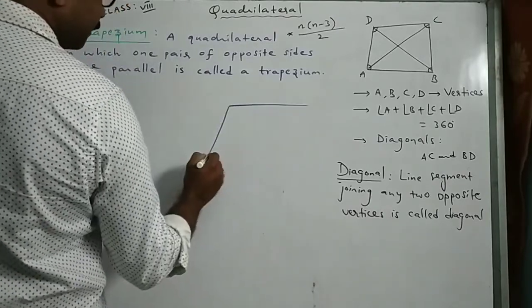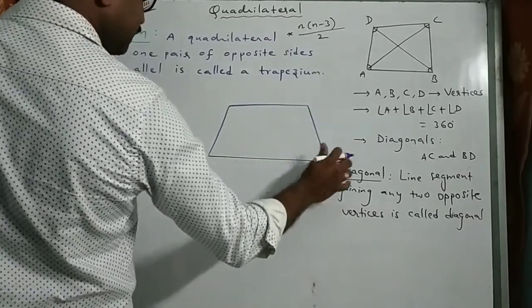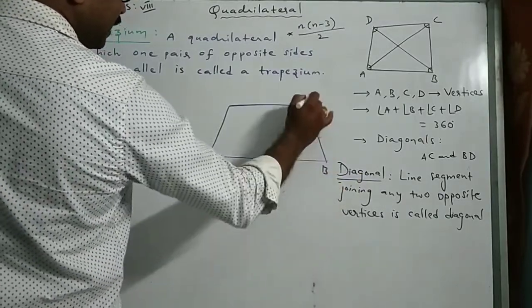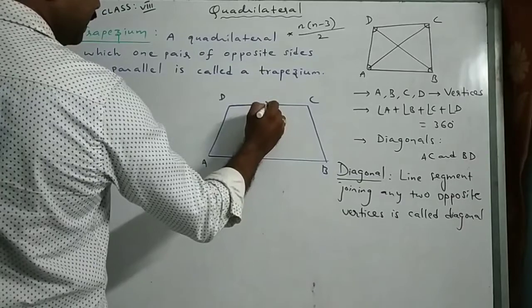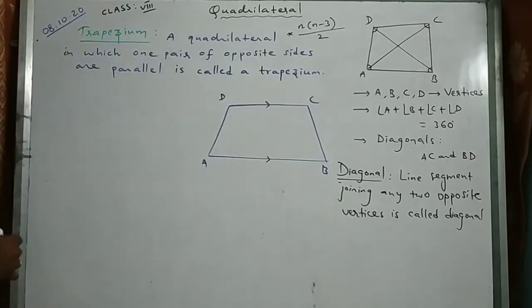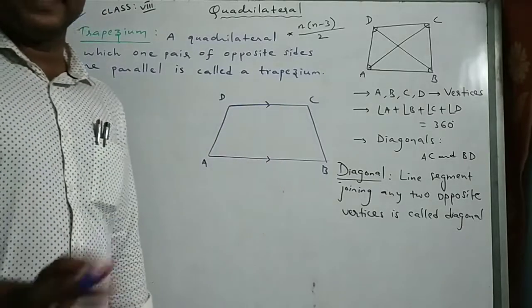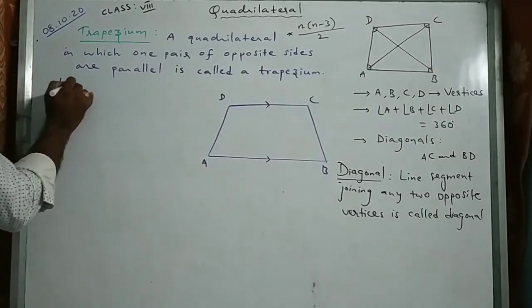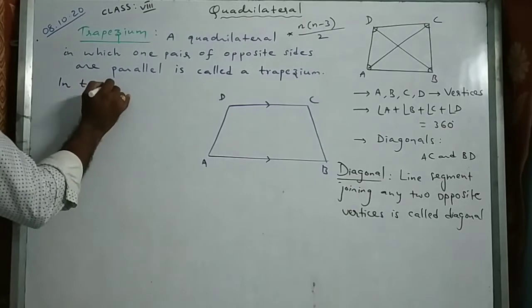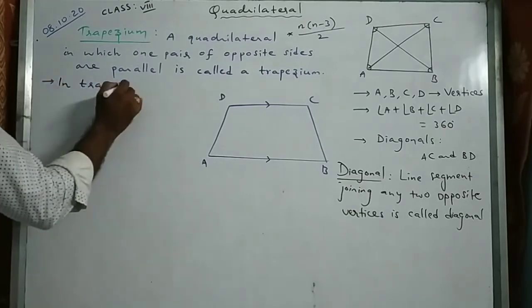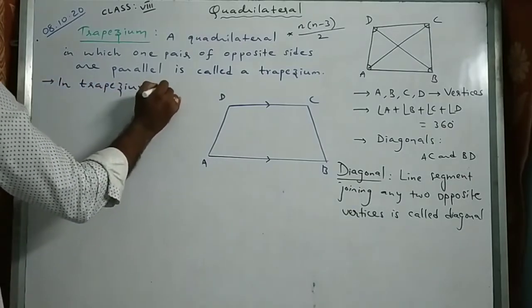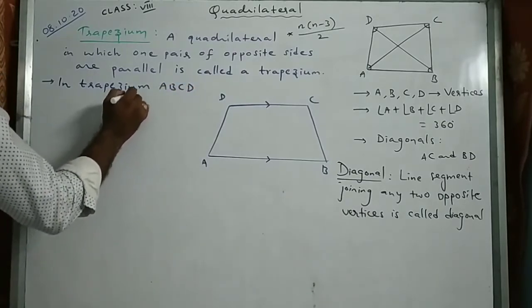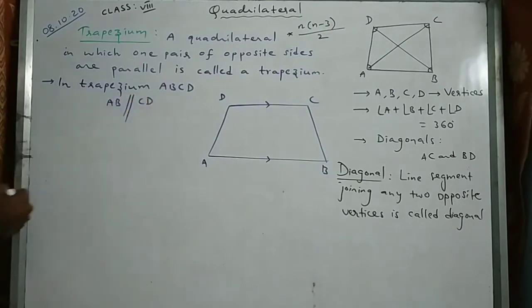See this. Here, what are the parallel sides? AB and CD. These two are parallel sides. Parallel sides means they will never meet. So in trapezium ABCD, AB is parallel to CD.